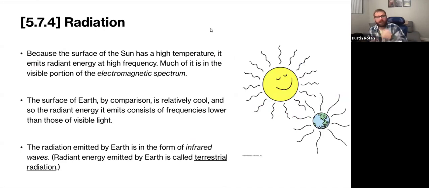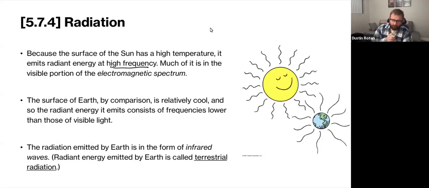Let's talk about why we can see what we see here just in everyday life. The surface of the sun has a high temperature, duh. It emits radiant energy at a high frequency. That means short wavelengths.